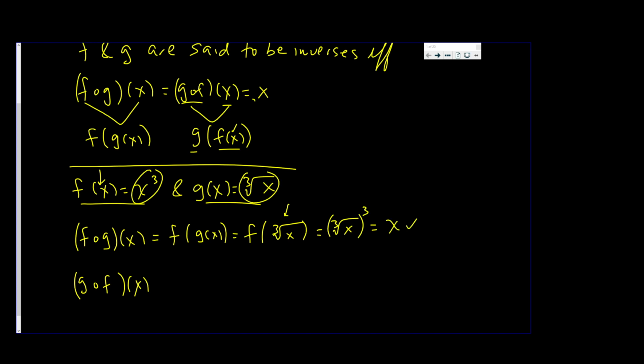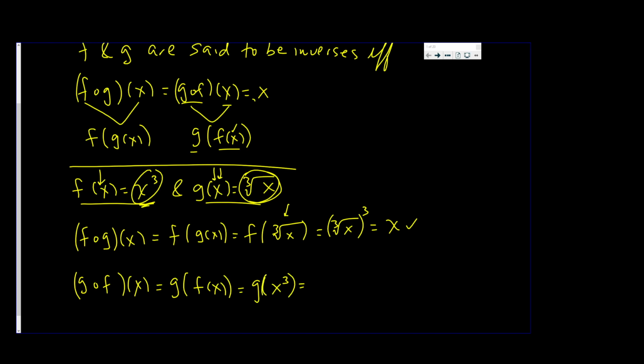We're halfway done. g of f of x means g evaluated at f of x. But f of x is x cubed. Well, what does g do? It takes whatever is inside the brackets, and it takes the cube root of it.